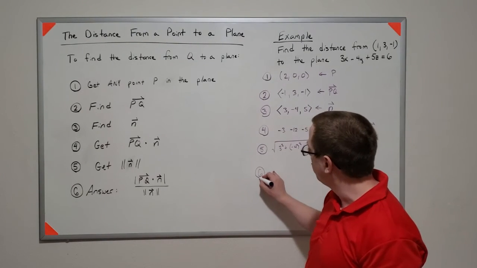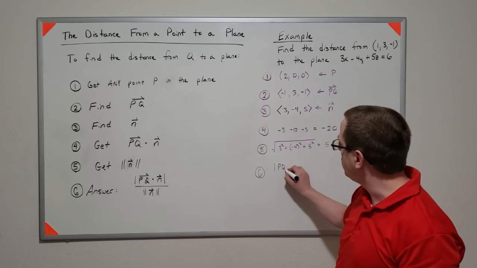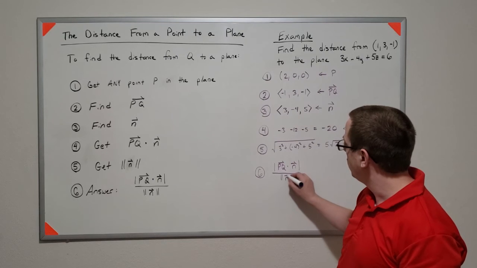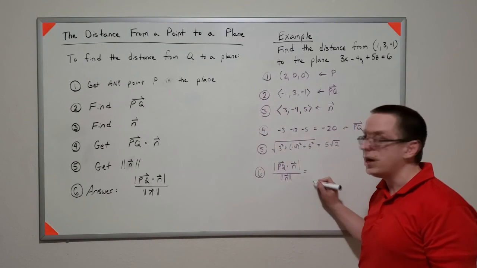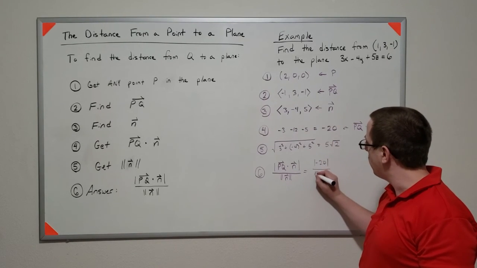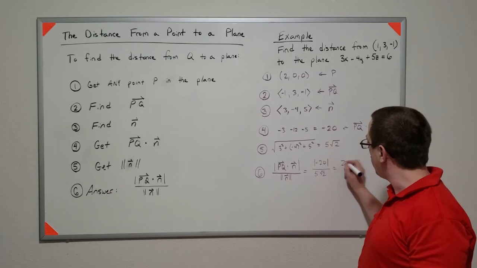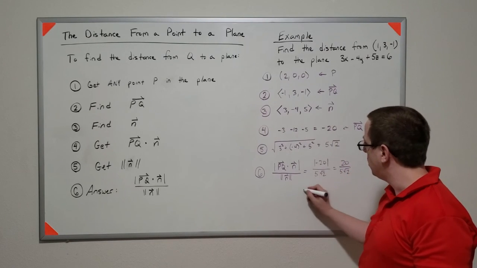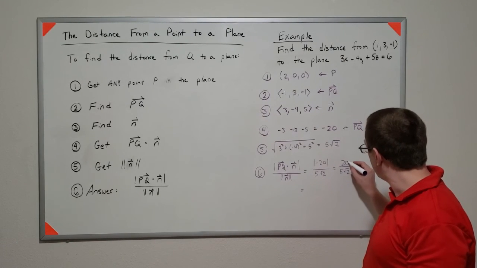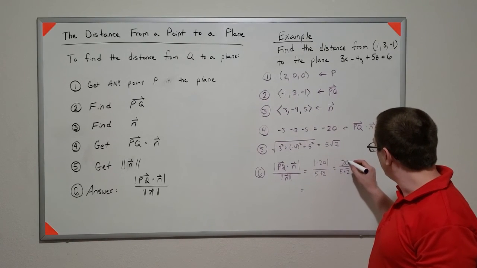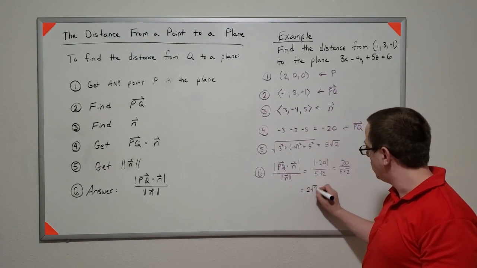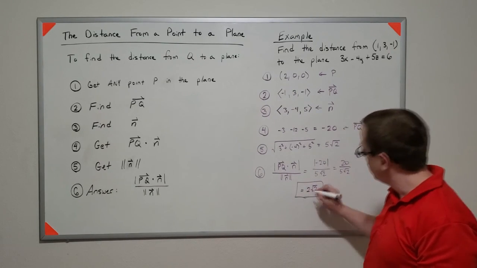So to put it all together, take the magnitude of PQ dot n over the magnitude or length of n, and that's the magnitude of 20 over 5 root 2, which simplifies to 4 over root 2, which is 2 square root of 2.